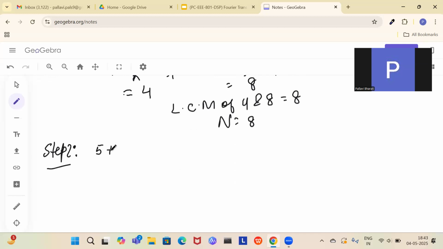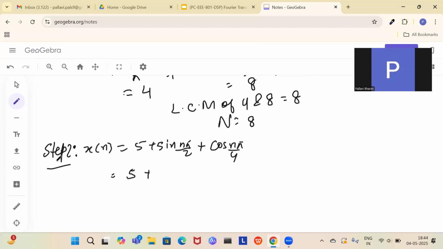So I'll write the signal as it was given: x[n] is equal to 5 plus sin(nπ/2) plus cos(nπ/4). This one will be written as 5; this is constant, so e to the power 0 will be multiplied.